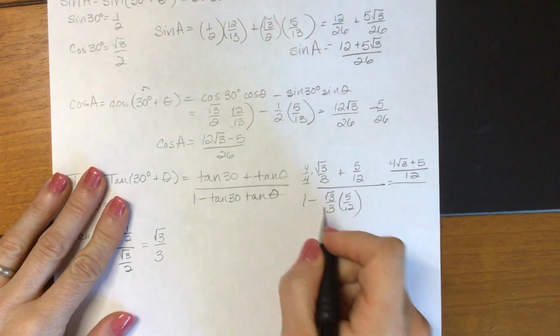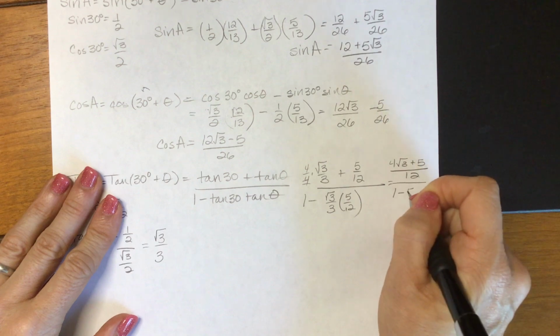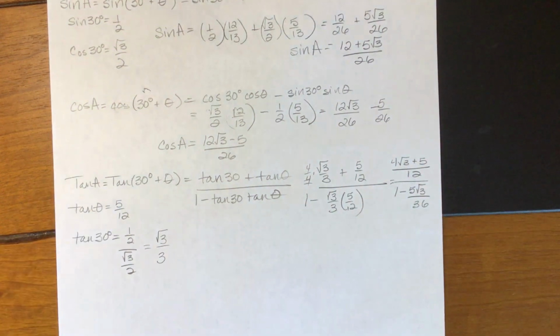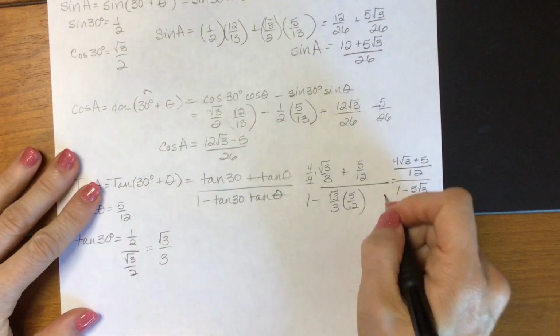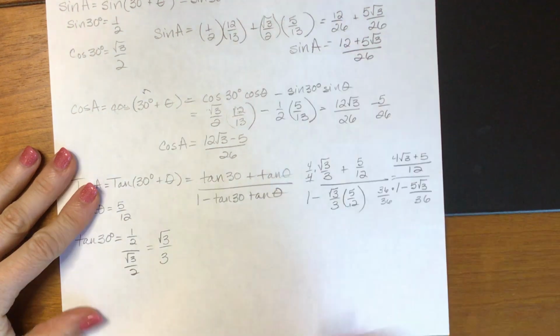And in the denominator, first step is 1 minus 5 root 3 all over 36. Right, so we're going to do some more common denominator magic. I'm going to multiply 1 by 36 over 36.